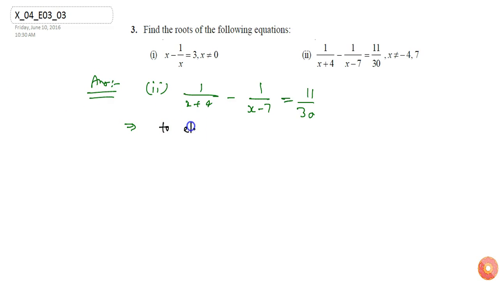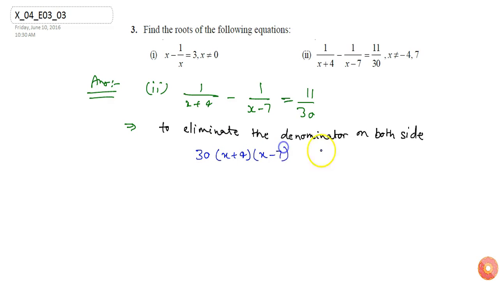So to eliminate the denominator on both sides, we shall multiply 30 into x plus 4 into x minus 7 throughout the equation.